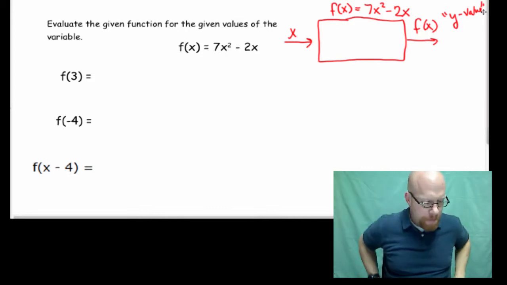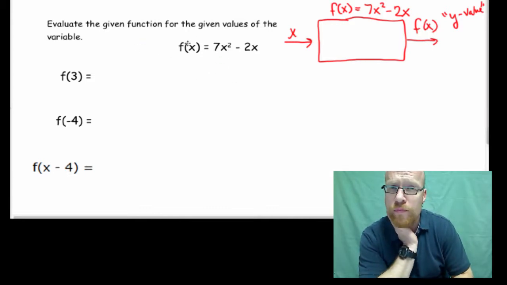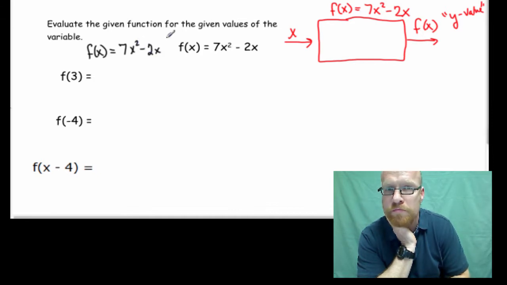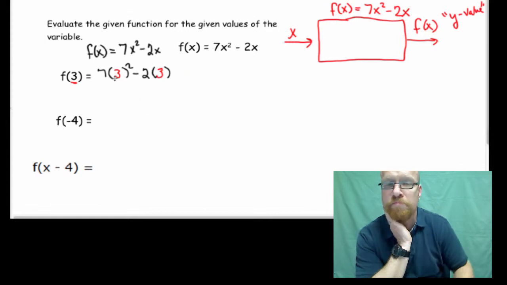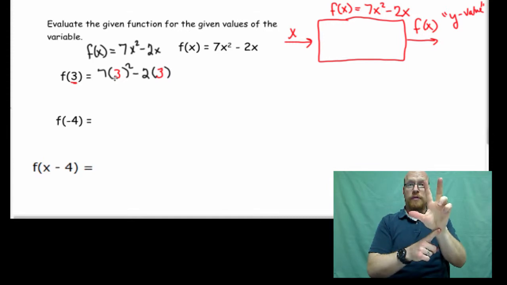Wherever you see an x, replace it with 3. So, as we can see where x used to be, it becomes 3.